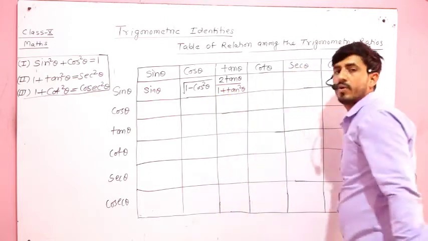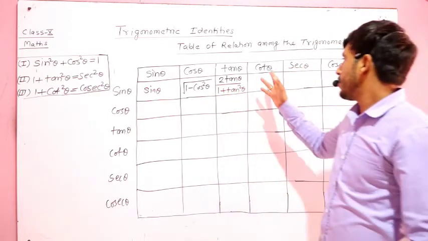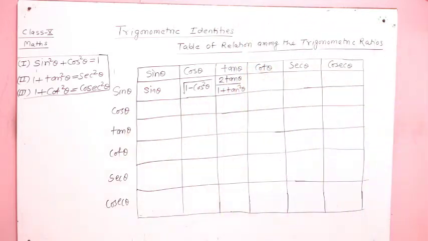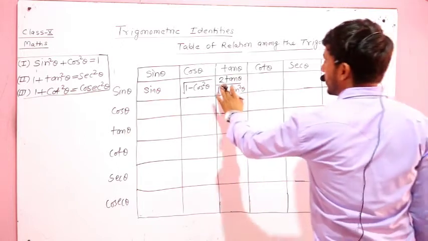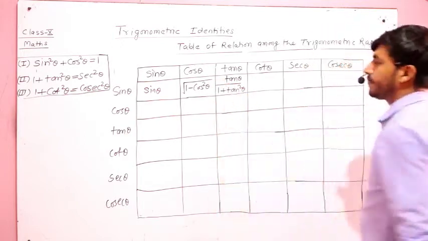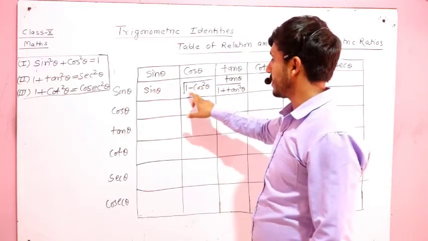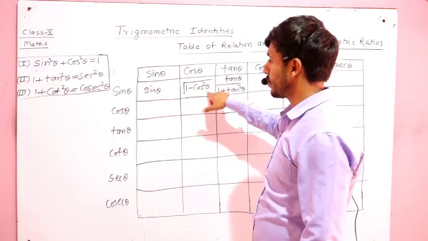You have to know. The next relation we have to find is sin theta in terms of cot theta. Again see, sin theta in terms of cos theta, that can be given as root of 1 minus cos square theta.